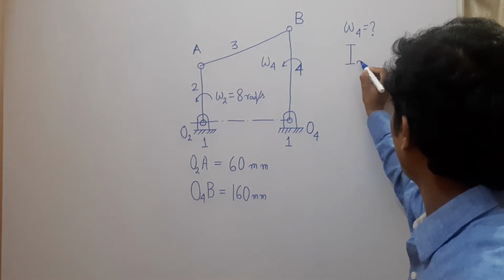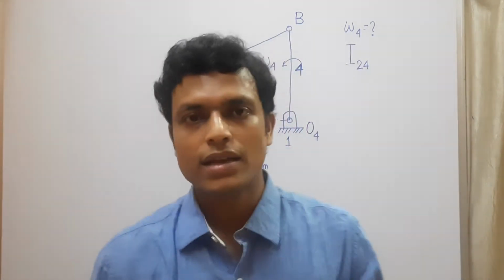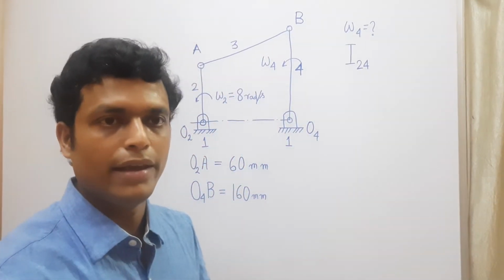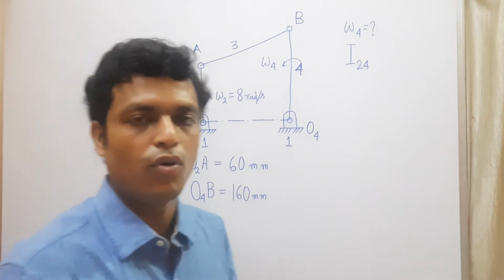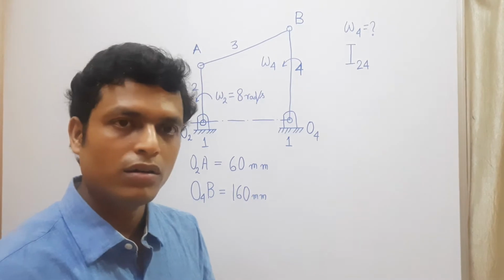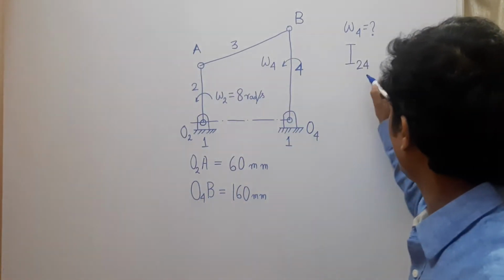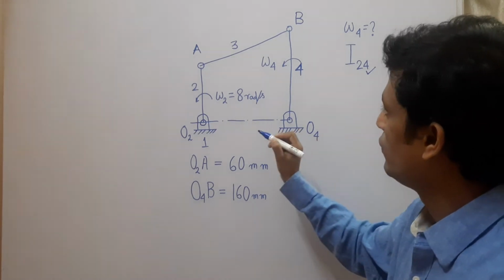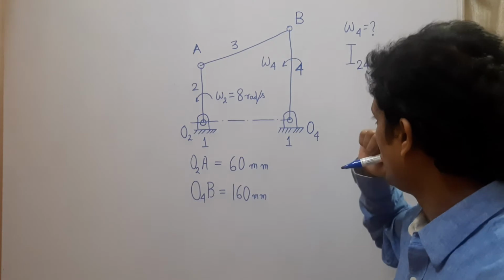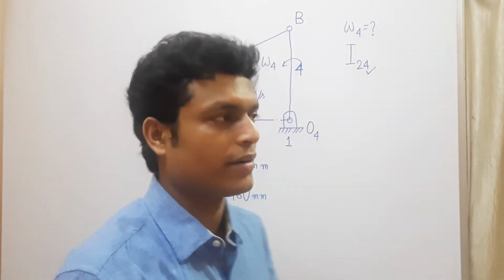We have to locate I24, because I24 is the point where both link 2 and 4 have the same absolute velocity, or zero relative velocity. So if we can locate this point, then we will find the velocity of link 2 there, and the velocity of link 4 will be the same at that point.